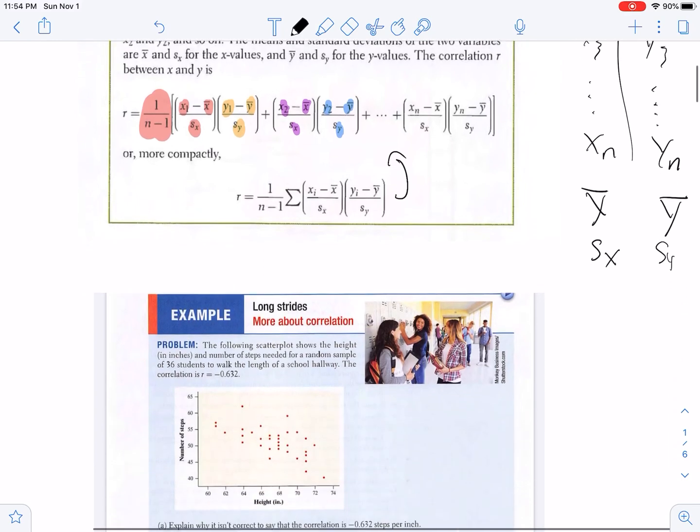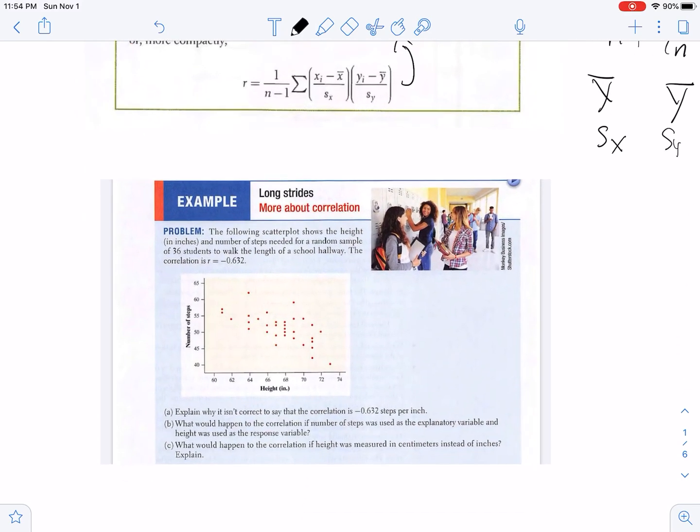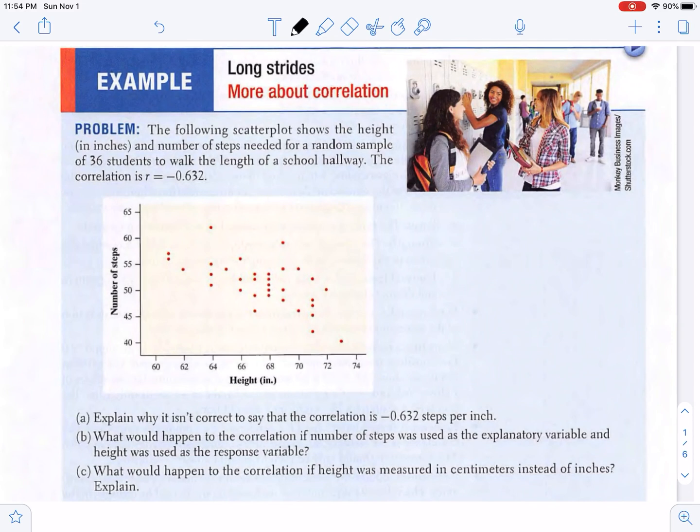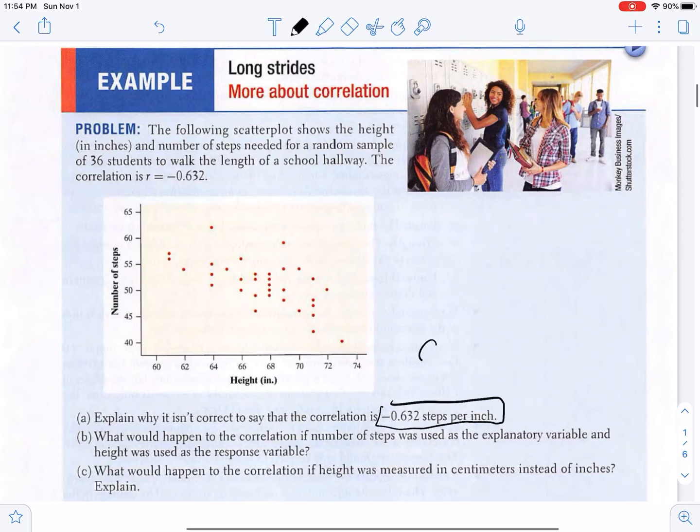All right, so I want to talk here about part A, and then parts B and C I want you to do as a problem. Explain why this is improper to say, and really the reason is because correlation has no units.